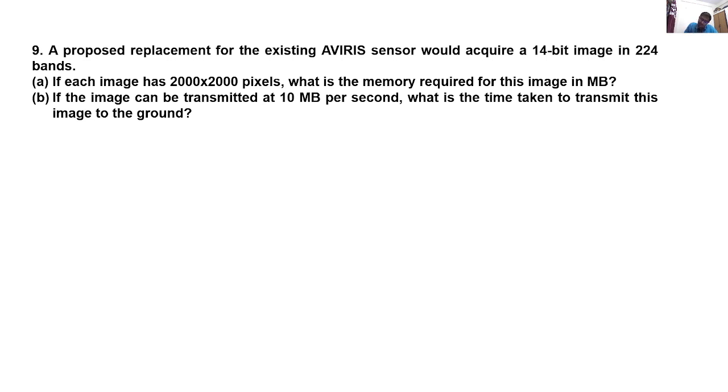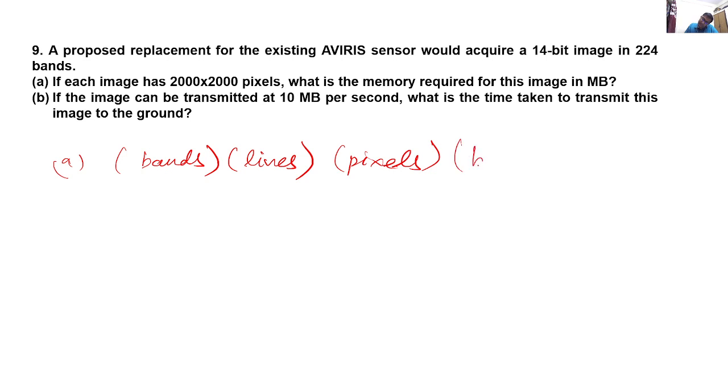So let's solve it. Same question, but in place of 8-bit, we have to put 14-bit. So again, number of bands times number of lines times number of pixels per line times number of bits. That's the formula. It's very straightforward.